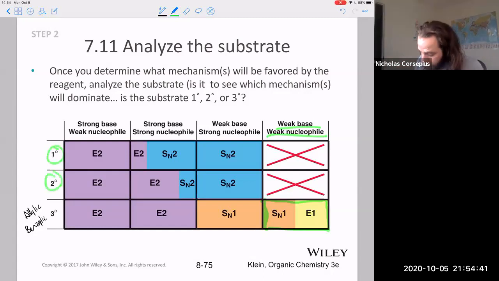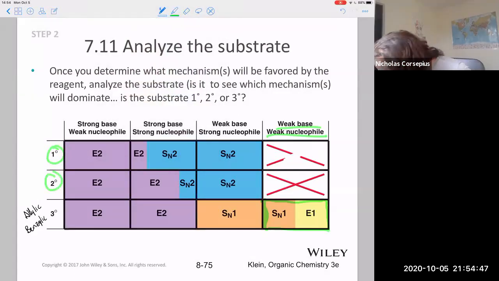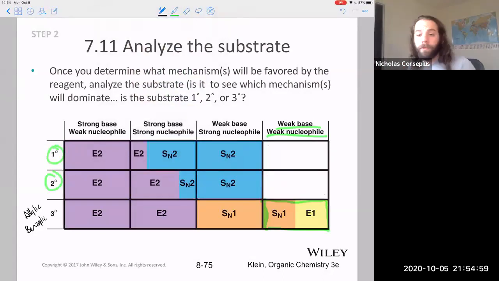Notice if it's a primary or a secondary, nothing's going to happen. Okay, the one asterisk I would put in there would be when you have a potential for a rearrangement, right? So for something like this, even though it's primary, it would also undergo SN1 and E1 type reactions under these conditions.